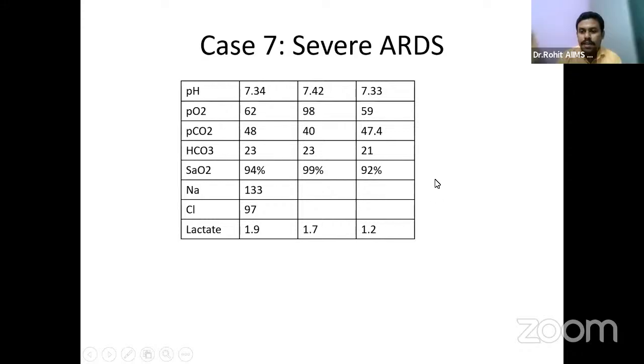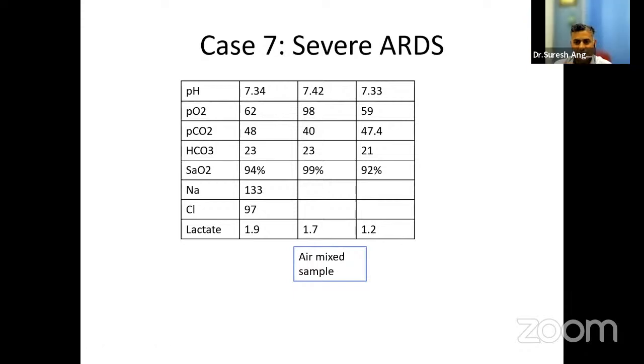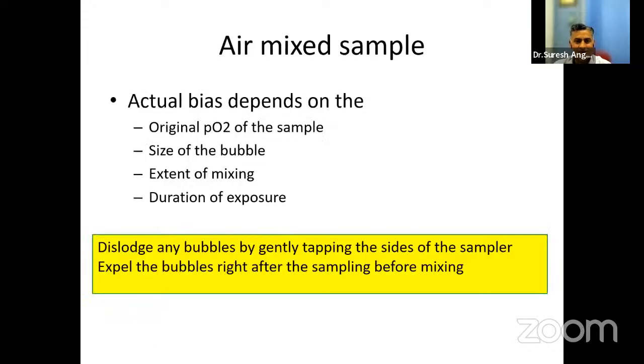Dr. Pradeep answered, the air bubble. Very nice. So Rohit, you have primed them with all these interpretations, right? Yes, sir. Students and the participants are only answering, sir. Yes, good. So it is an air mixed sample. If there is any air, the changes in PO2 or saturation will depend on the volume of the air bubble.